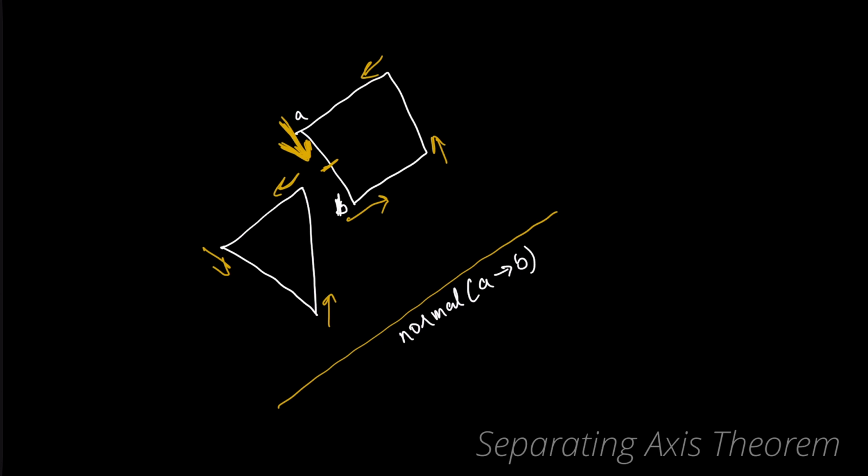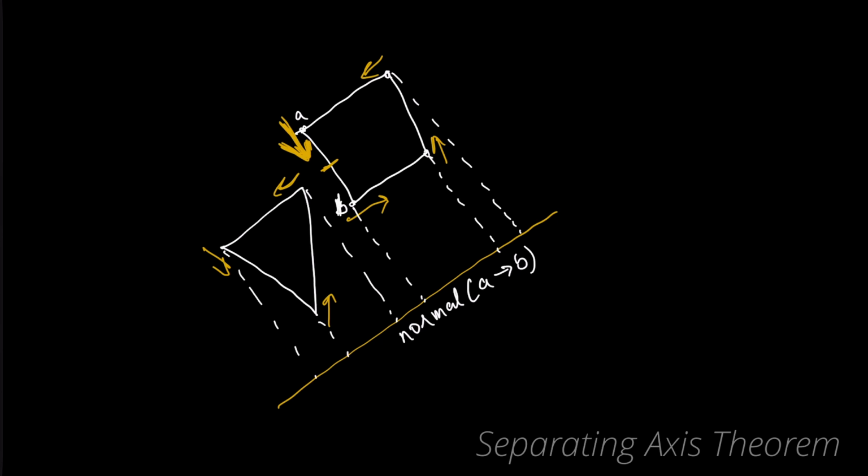Now, what are we projecting, right? We are projecting each vertex of both of these polygons onto this axis, right? So we will be projecting this vertex, this vertex, this vertex, like that, right?